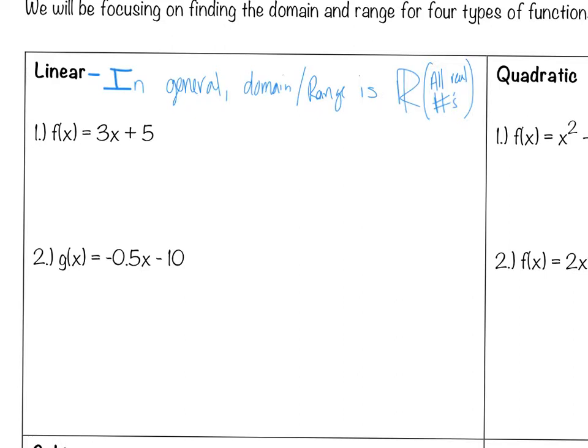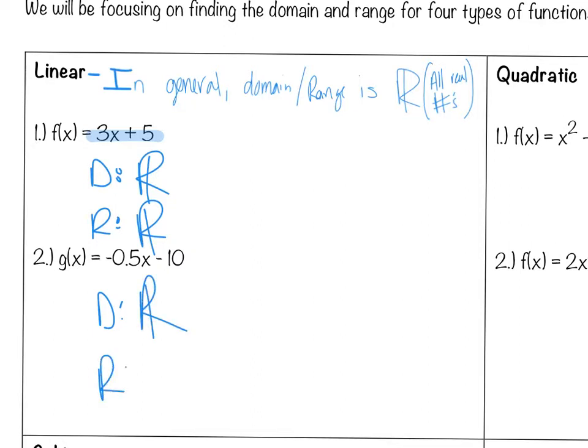So for this particular linear function here, 3x plus 5, the domain is all real numbers. And range is also all real numbers. And same goes for the function below. Domain and range is all real numbers.